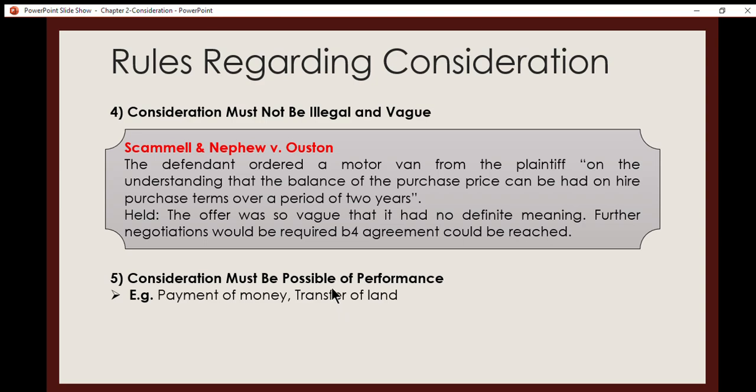Whether your consideration to discover magic constitutes valid consideration, it may be impossible to perform. How do we discover magic? So it depends on the situation of the case. Next we continue with the general rule and its exceptions.